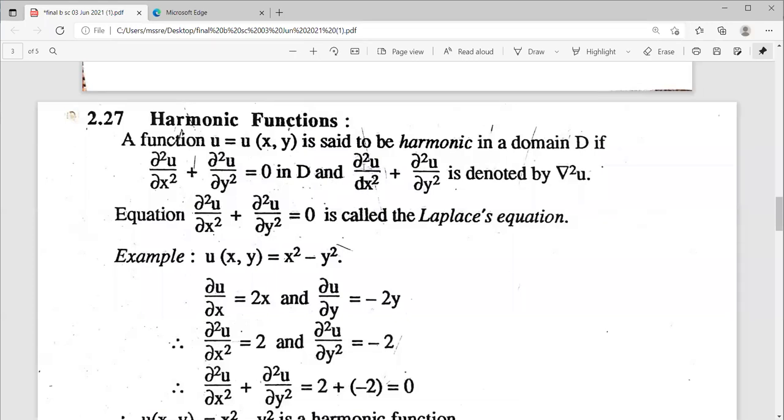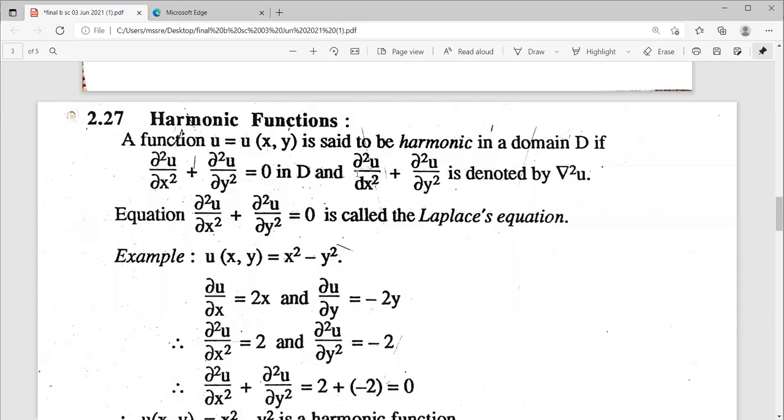We denote delta square u by delta x square, remember, it's not dx square, but delta x square, plus delta square u by delta y square. It is always denoted by del square u. It is something like the Laplace operator. It's a differential operator, like the del operator.